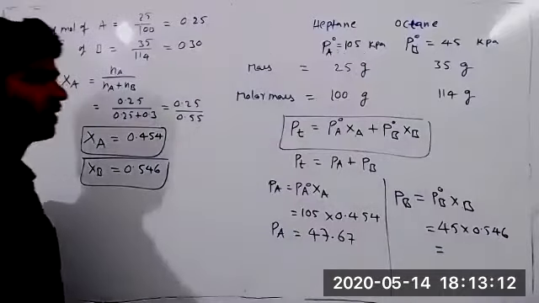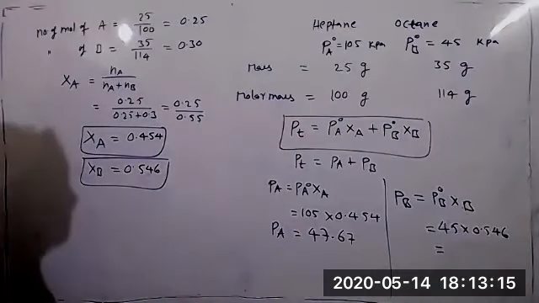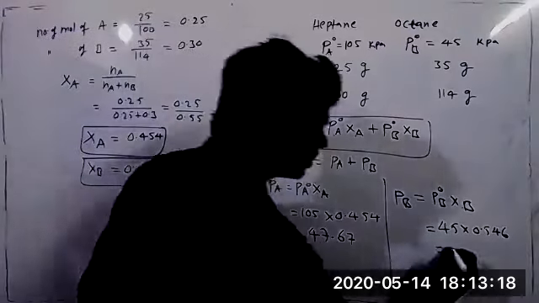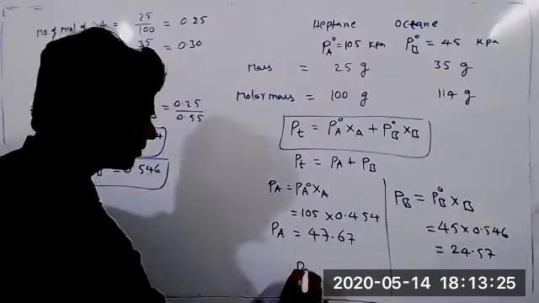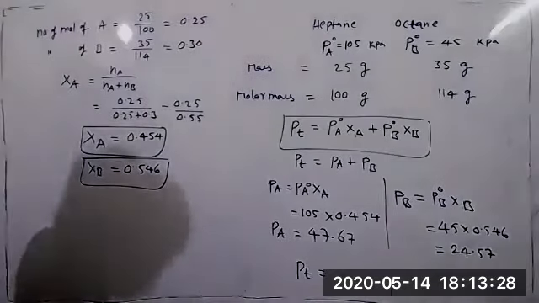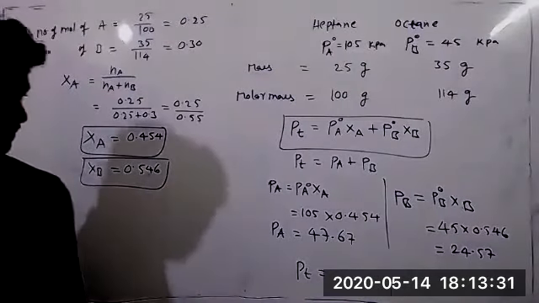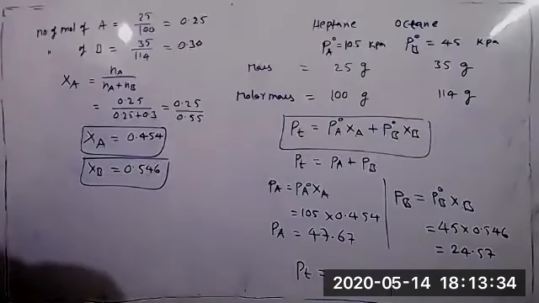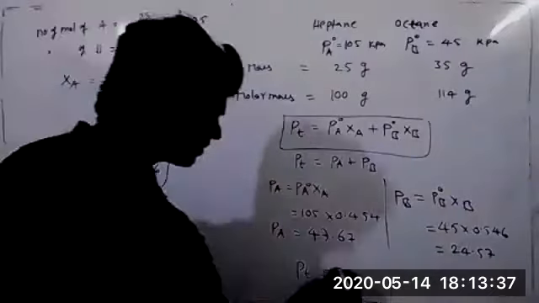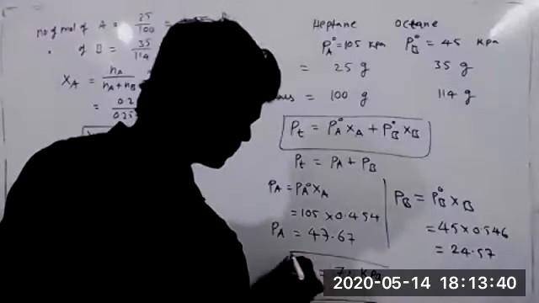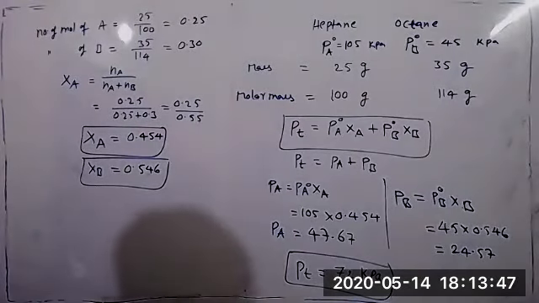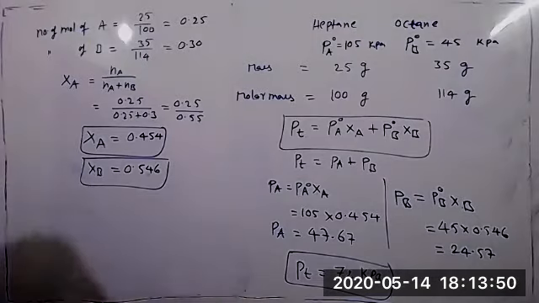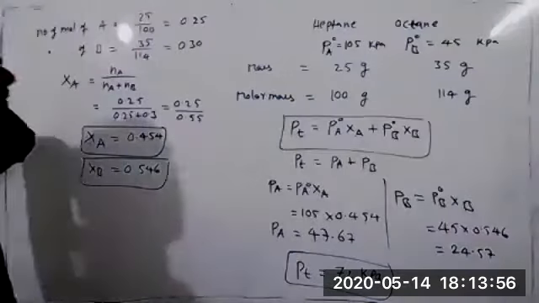Multiply this value: 24.57. Next, the sum of this and this gives P total, approximately 72 kilopascal. This is a direct, simple question, but time taking, calculation based.